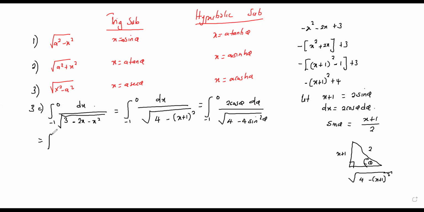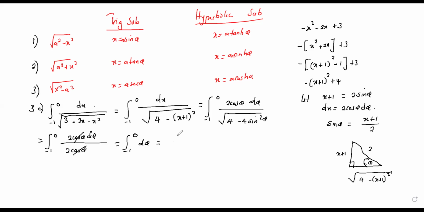So this gives us from -1 to 0, 2 cos theta d theta. And then we pull out the 4. It will come out as 2. And then we have 1 minus sine squared in the root, which is cos squared. Its root is cos theta. So you see, this part and that part will cancel. We end up having the integral from -1 to 0 of d theta, meaning of 1.